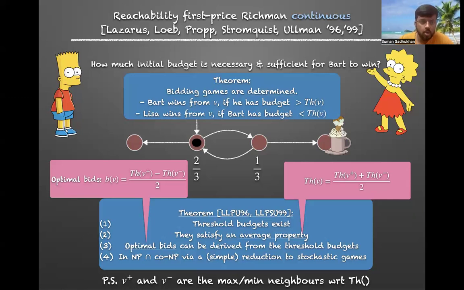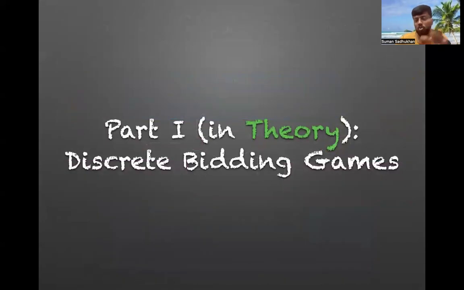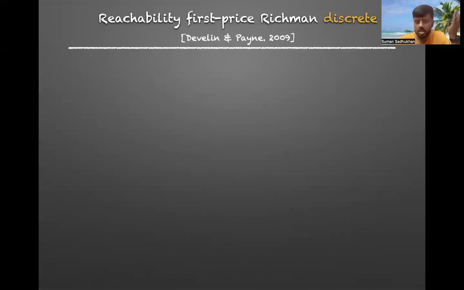So this is about Richman continuous reachability games, and now I'll go into the discrete counterpart of the bidding games. First, reachability Richman discrete bidding games.